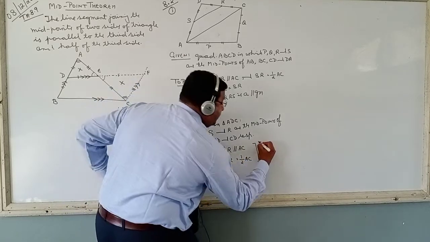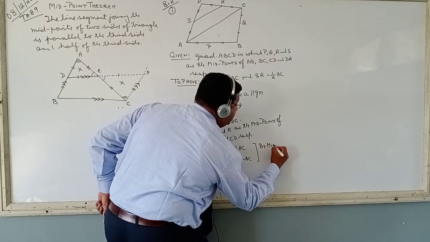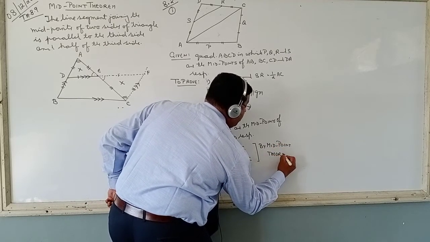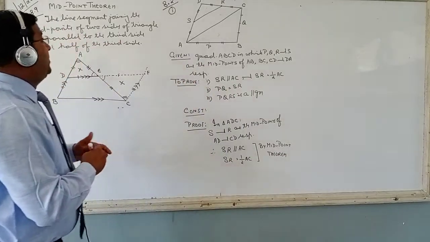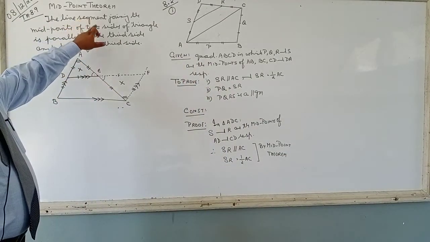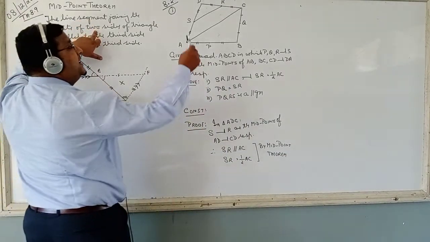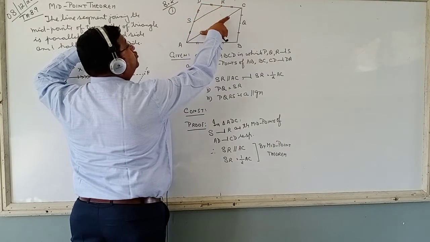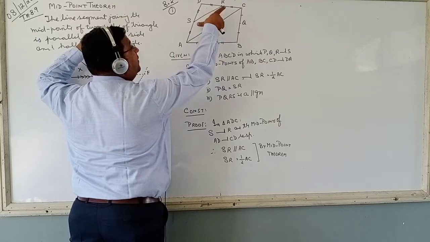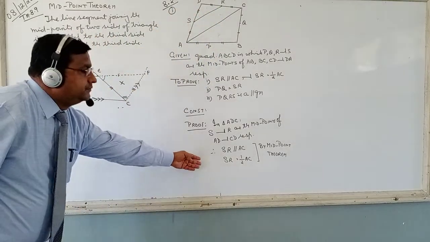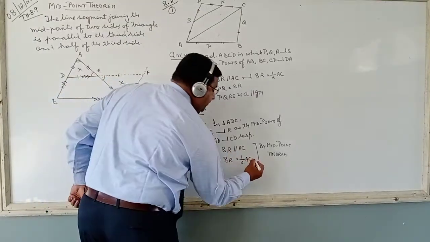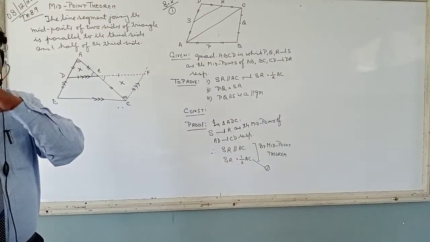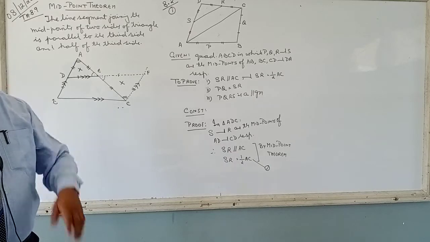Reason: by Mid Point Theorem. What was Mid Point Theorem? The line segment joining the midpoints of two sides of a triangle is parallel to the third side and half of the third side. Equation number first. You don't have to solve it. Only the statement.